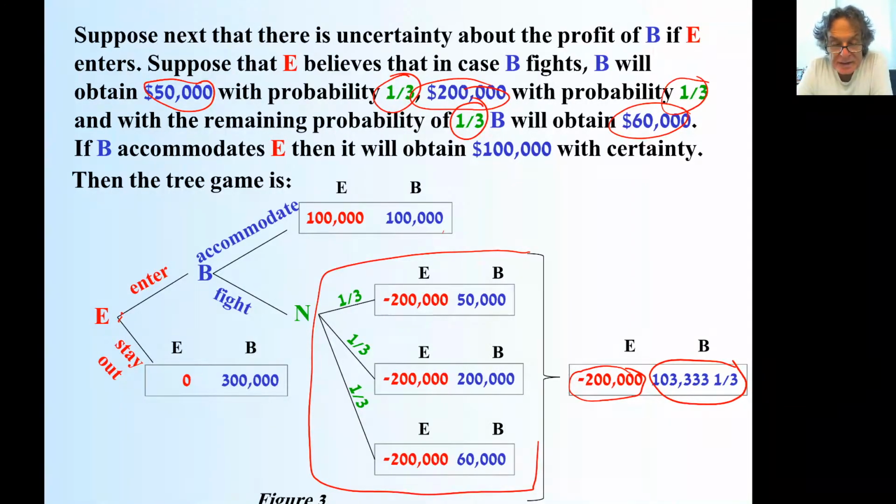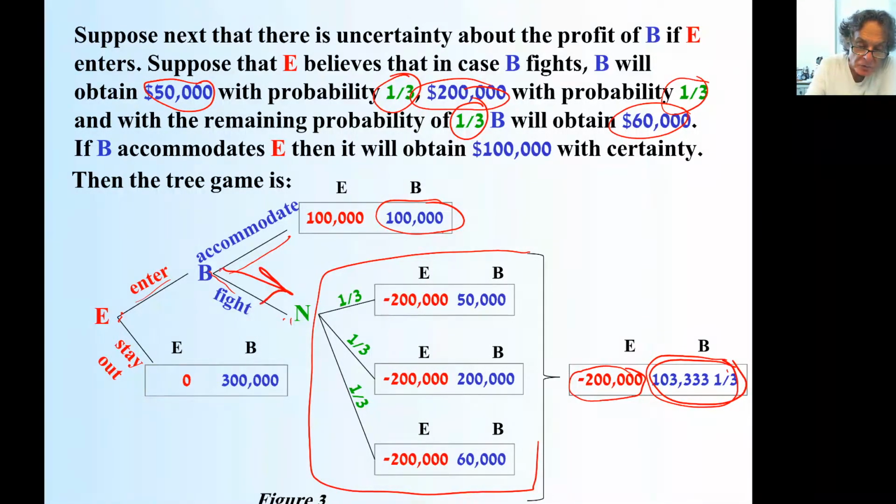So now, in this case, if E enters, B knows that if she fights, she gets on average this much. If she accommodates, she gets this much. If she's just looking to maximize her expected profit, she is going to fight. It gives her more. E knows it. He knows that if he enters, B is going to fight, and therefore he's going to end up with negative 200.